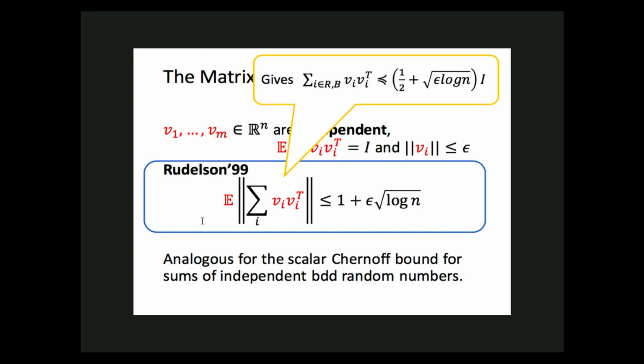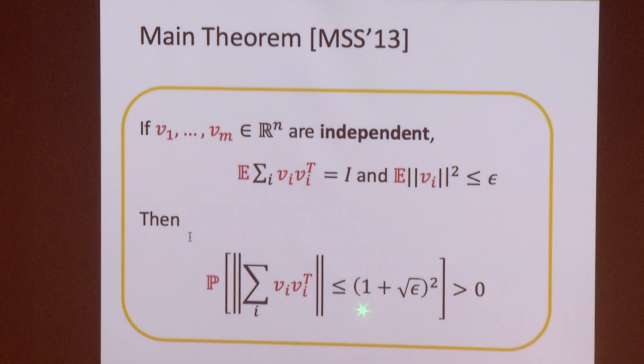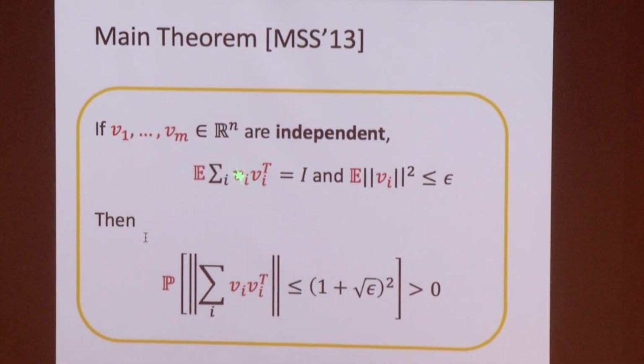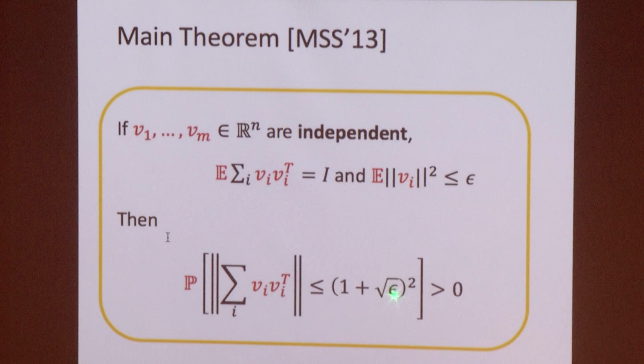And the problem is this isn't good enough because it depends on n. So our main theorem is this, which somehow complements this matrix Chernoff bound. And what it says is if you have independent random vectors, expectation is identity, and the expected norms are at most epsilon, then the probability that the norm is at most 1 plus square root of epsilon, squared, is positive. Okay? So again, this 1 corresponds to the norm of the expected matrix. So the deviation is about order square root epsilon.